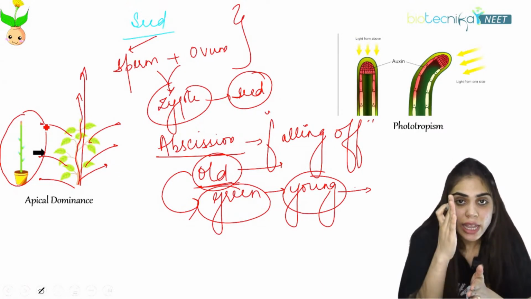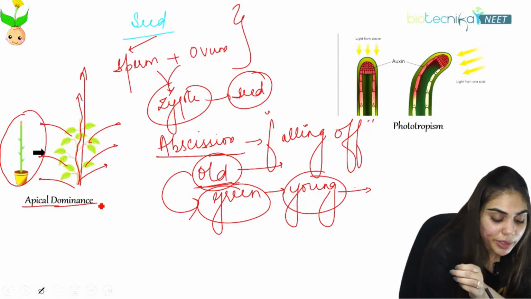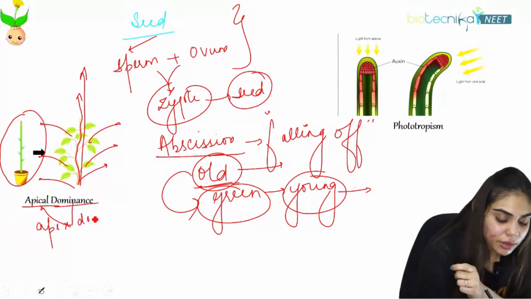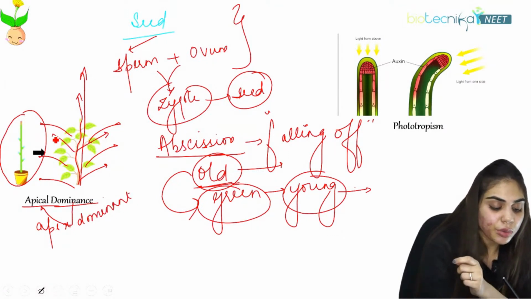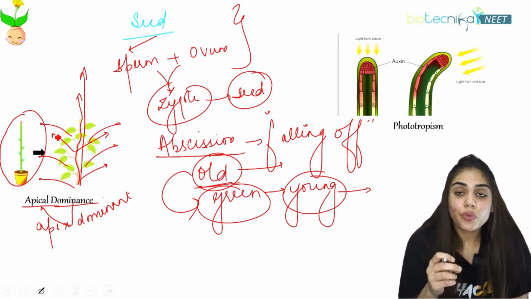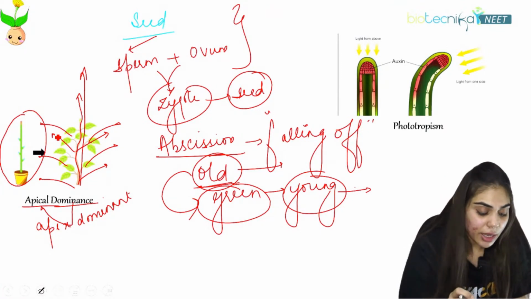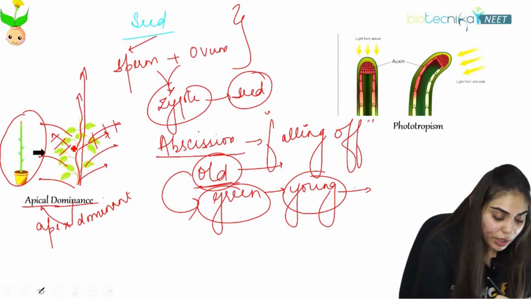That is what is called the apex becoming dominant. So whenever you spray this auxin in the field, it will always help in apical dominance. It will inhibit the sideways growth of the plant.